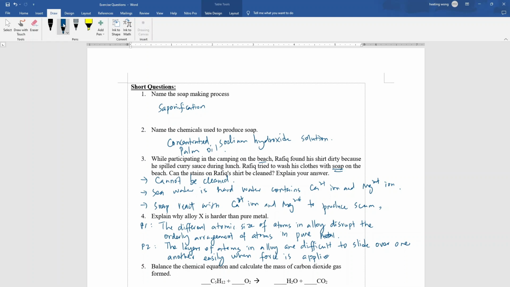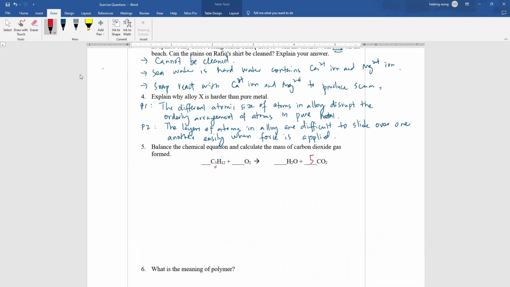Secondly is the hydrogen. Hydrogen you have 12, here only 2, so this one times 6. Now oxygen total how many? 5 times 2 is 10, 10 plus 6 is 16, so this one is 8. So this one is still 1. So this is how you balance the chemical equation.